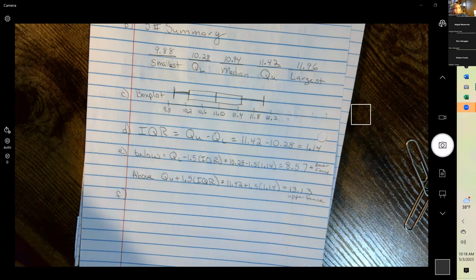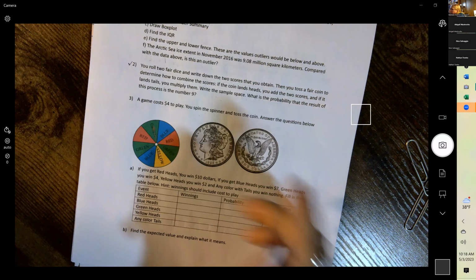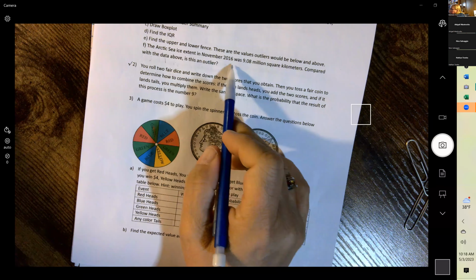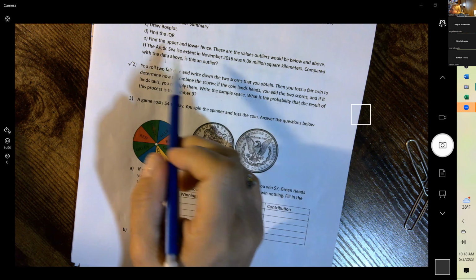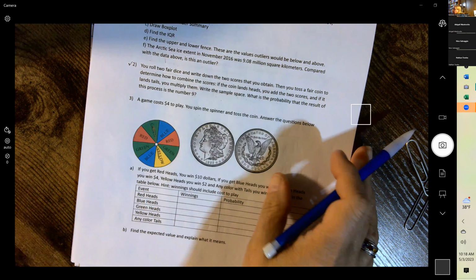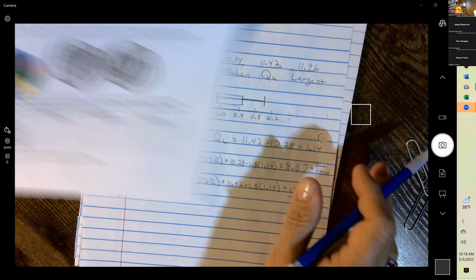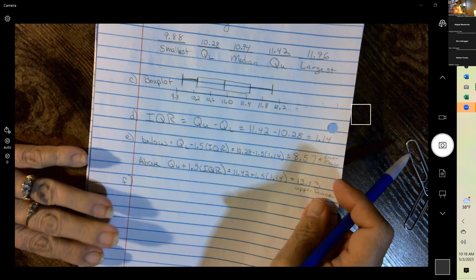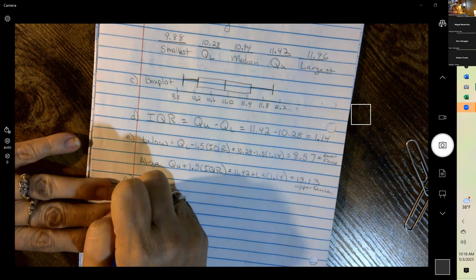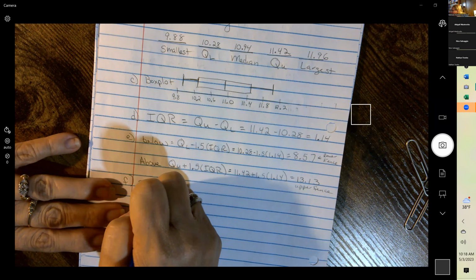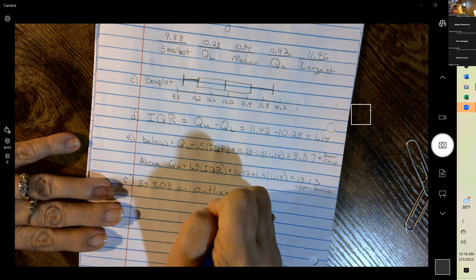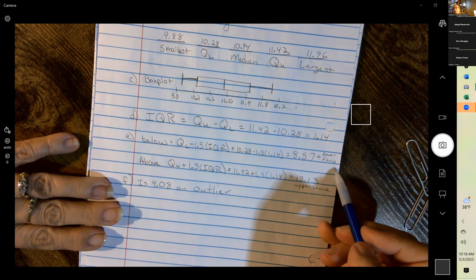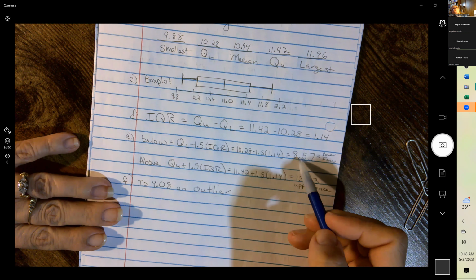The Arctic sea ice extent in November 2016 was 9.08 million square kilometers. Compare this with the data, and is it an outlier? Our lowest data was 9.8, and this is 9.08. Looks like it could be, but when we look at our lower fence, it's 8.57.